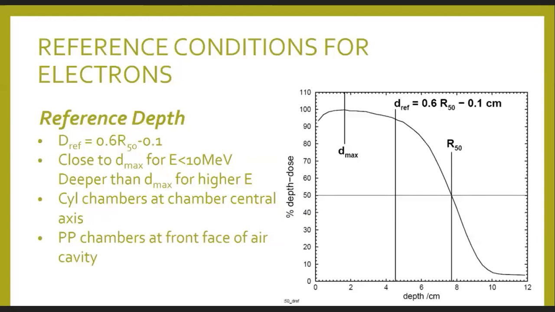So the uncertainty in calculating the stopping power ratios or the uncertainty in the chamber calibration factor is minimal at that point. That's why they selected that point in performing calibration for electron beams. That reference depth is very close to Dmax for low energy electrons, below 10 MeV, and slightly deeper than Dmax for higher energy electron beams.